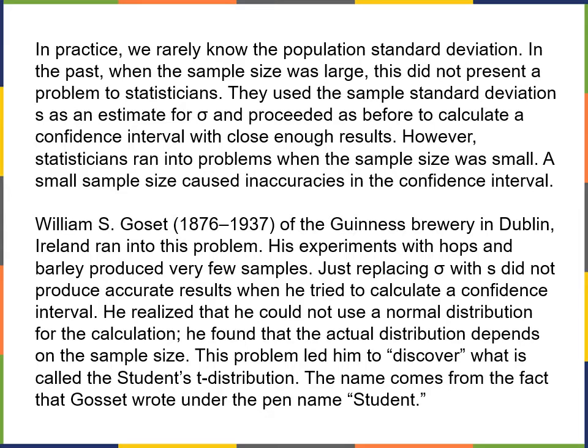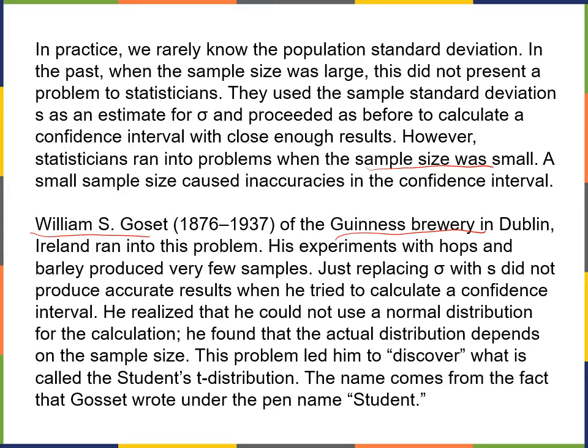But that was okay when the sample size was big, but when the sample size was small, this started to cause some inaccuracies in your confidence interval. It wasn't fitting the probabilities that we were assuming were true. So then William Gossett from the Guinness Brewery, believe it or not, in Dublin, realized this problem when he was doing some experiments with hops and barley.